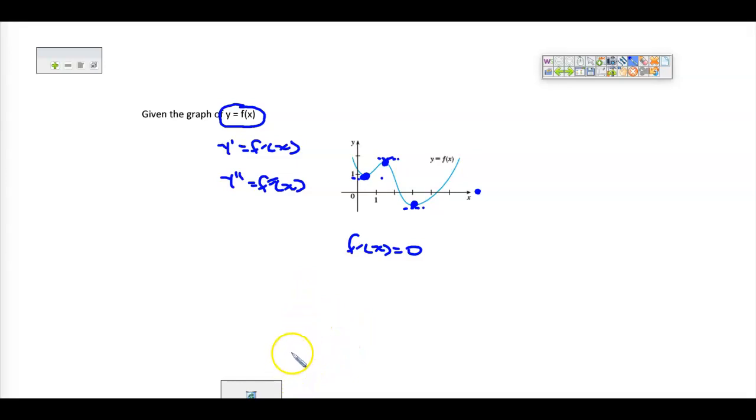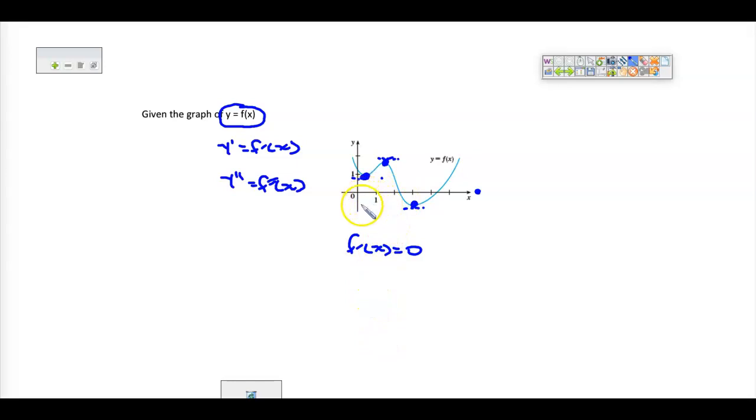And what this illustrates, when the first derivative is equal to 0, then the graph of f at least has these critical values, which are relative mins or maximums.